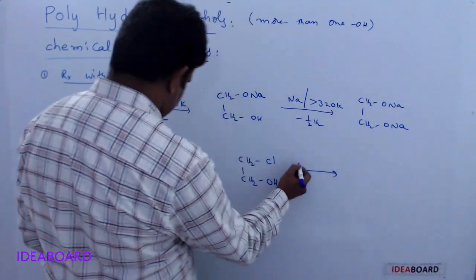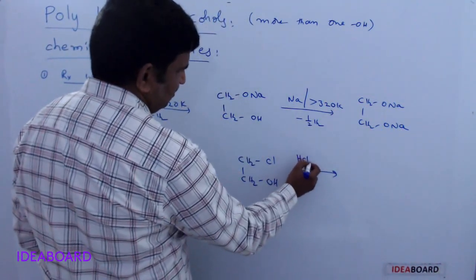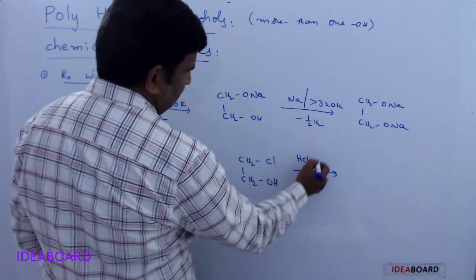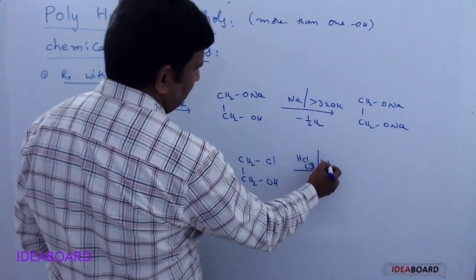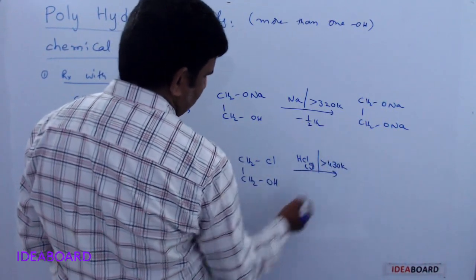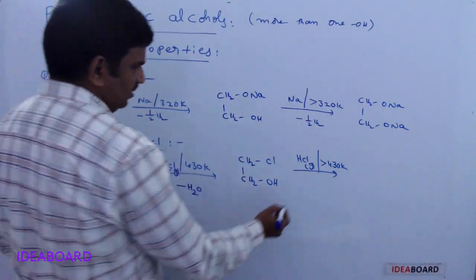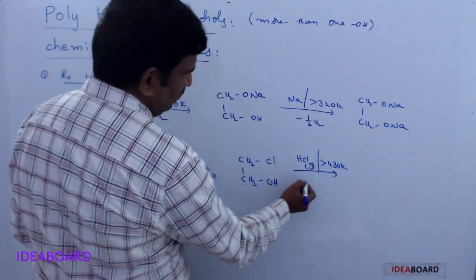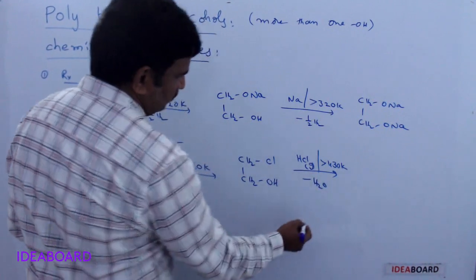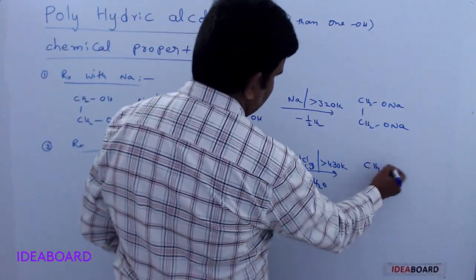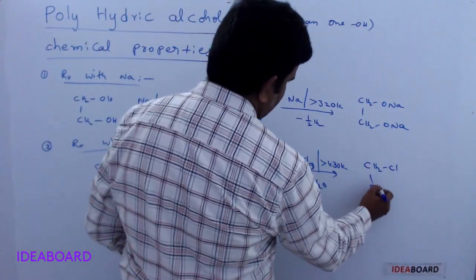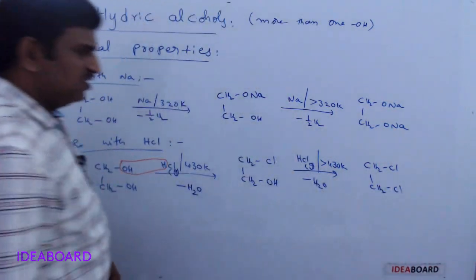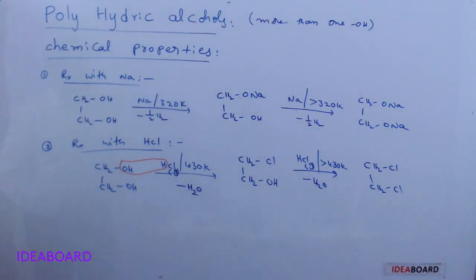Again the reaction occurs with HCl gas at greater than 430 Kelvin, because the second OH is less reactive. Again H and OH are removed, minus H2O. Finally you will get CH2Cl and CH2Cl. Ethylene chloride, or dichloride, is formed.